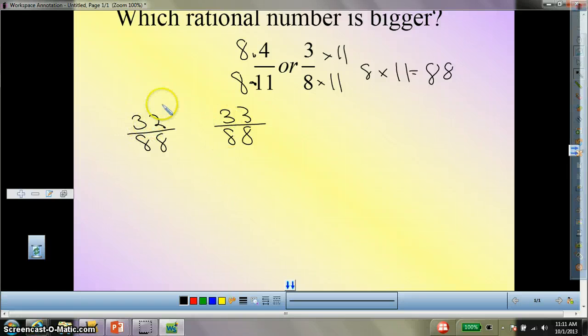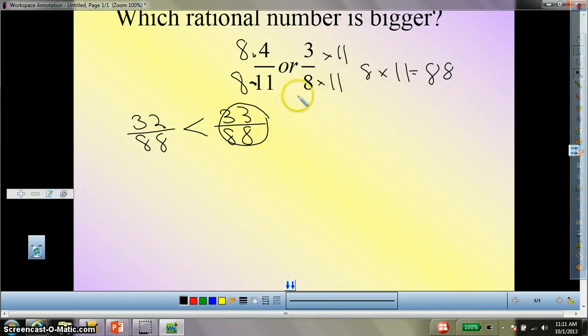Here the numerator is 32, and here it's 33. So we want to create an inequality symbol that is an alligator eating the bigger number. 33 is bigger, so our inequality symbol needs to open toward 33 over 88. We know 33 over 88 is larger.